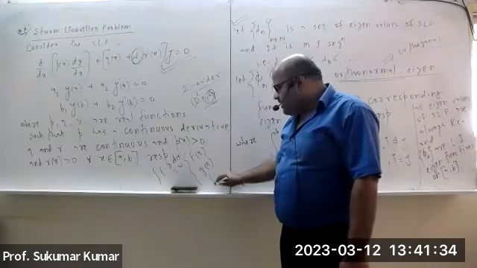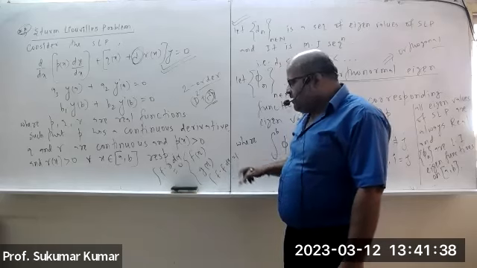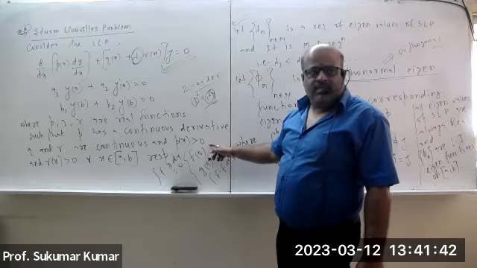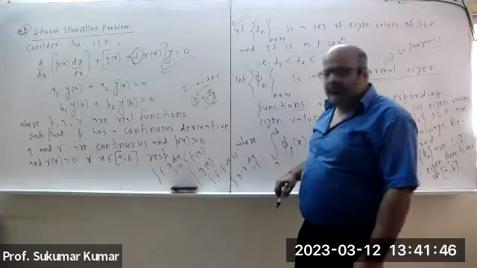If you integrate the same function, integration of f into f dx equals one, that means orthonormal. Both have to come the same: integration of g into g dx is equal to 1.